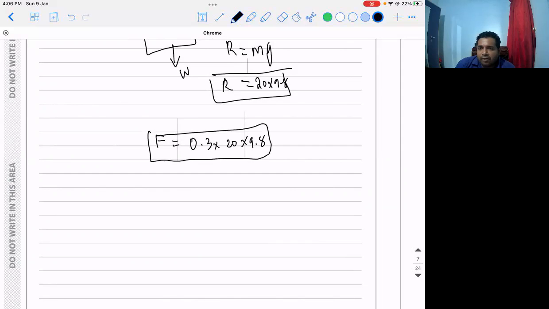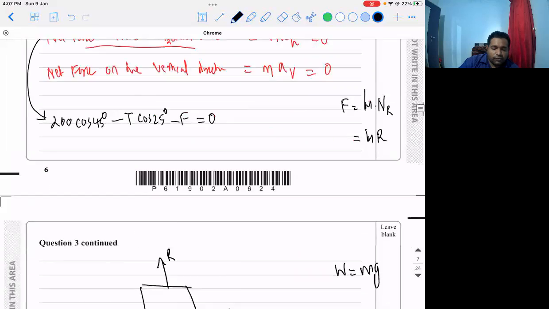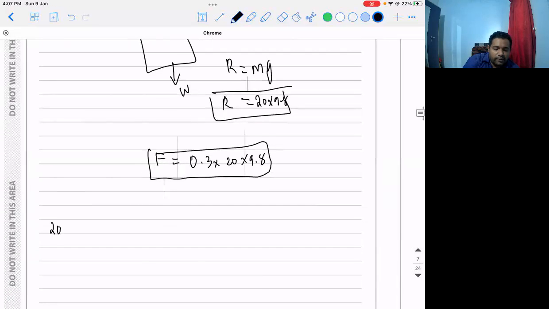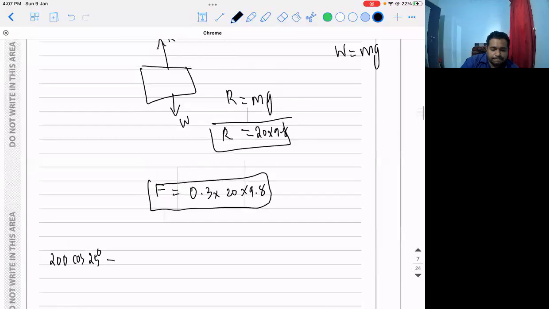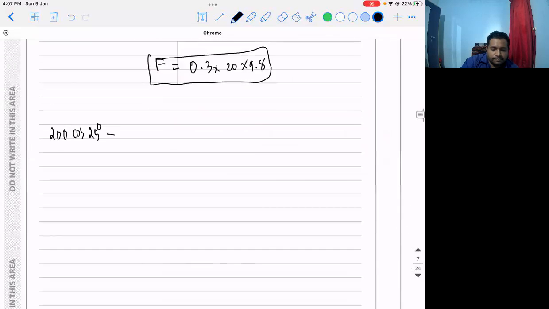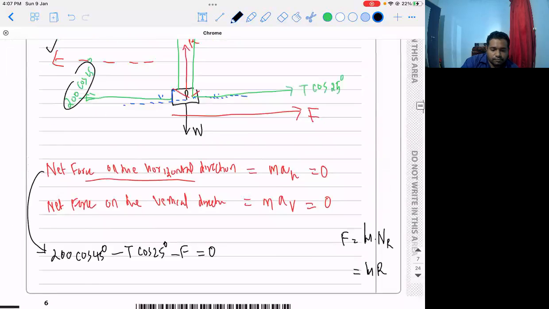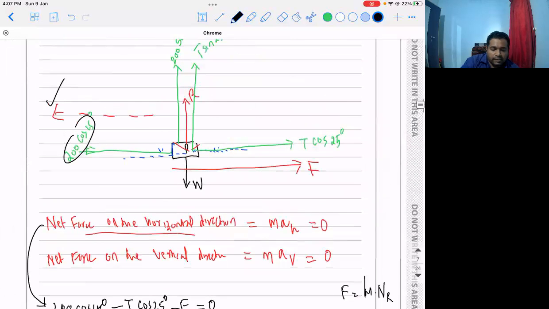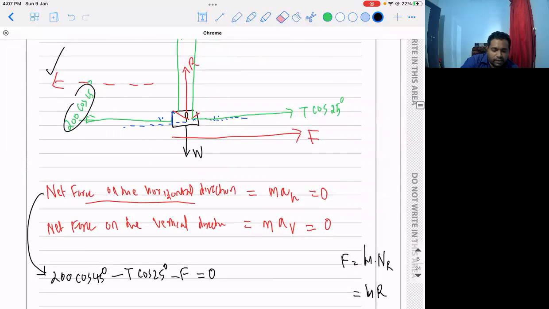Well, now things become easier, right? So we figured out the value of F. Now we will plug in these values: 200 cos 25 degree minus T. Oh, it's 15 degree, right? It's not cos 45, my bad. While writing or copying, I missed that 15.